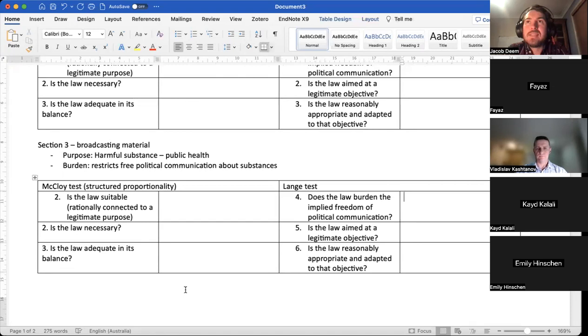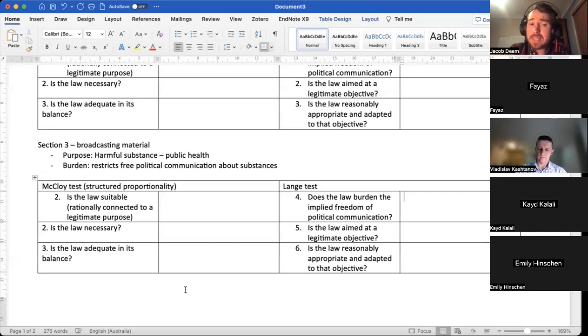So in an exam or answering a question, my recommendation would be you talk about McCloy and structured proportionality first, and then bring up the previous test and discuss how that might change your perspective or change your answer.